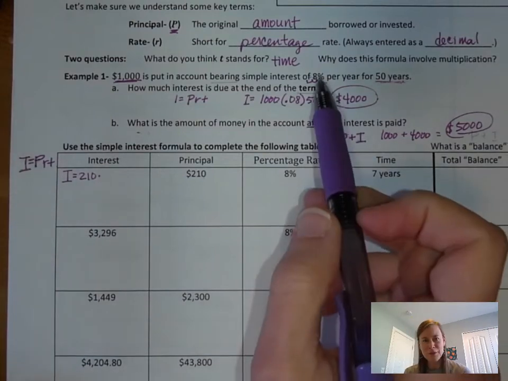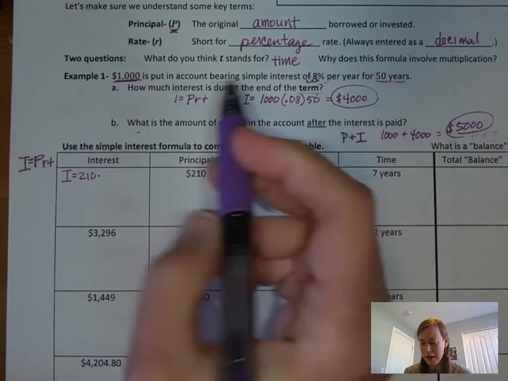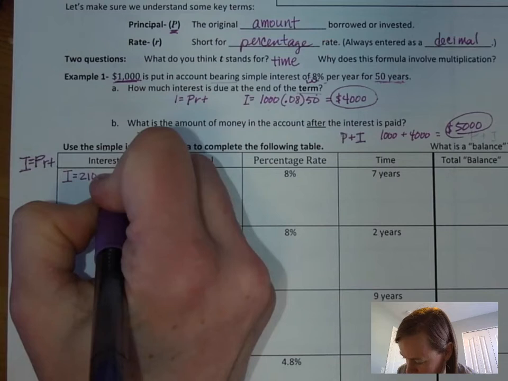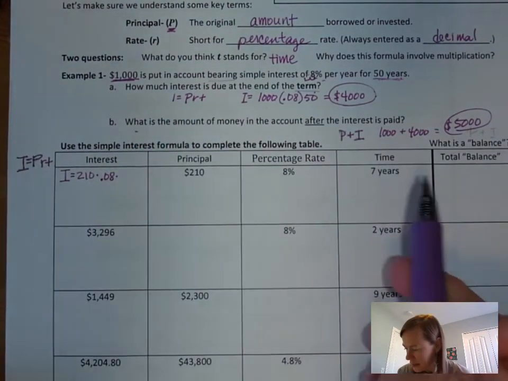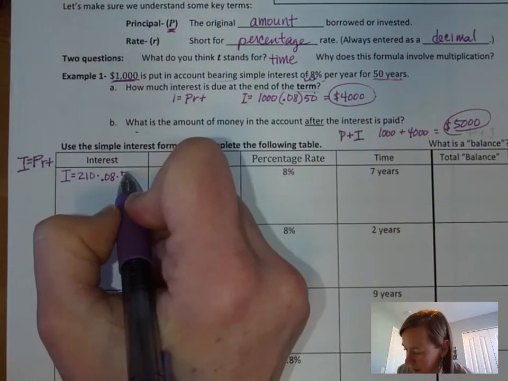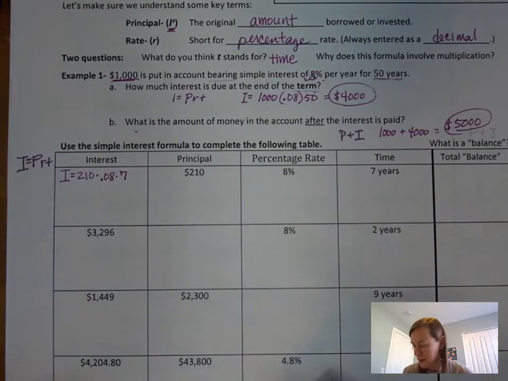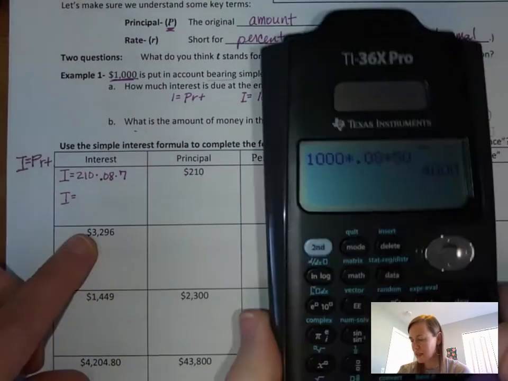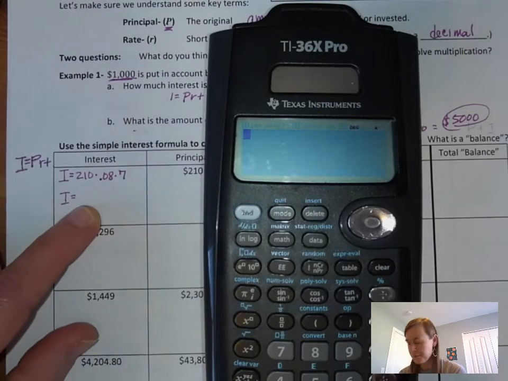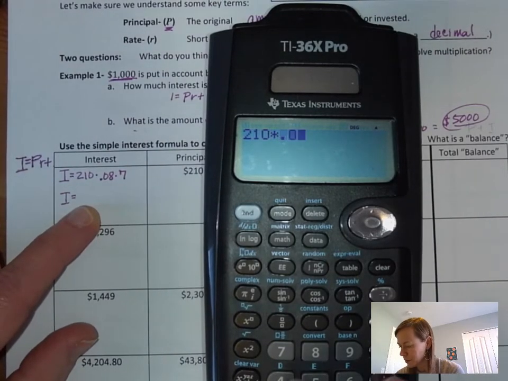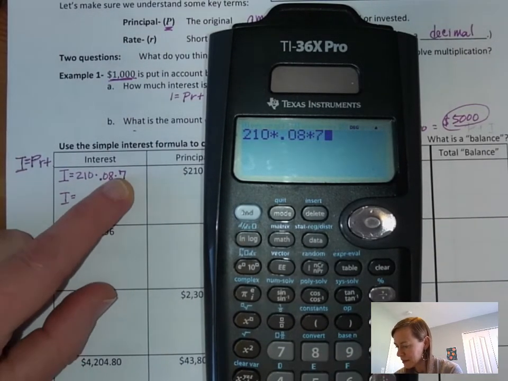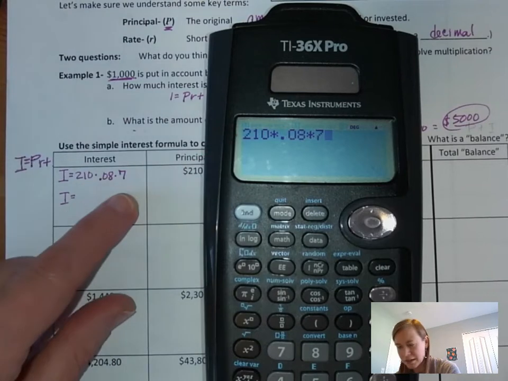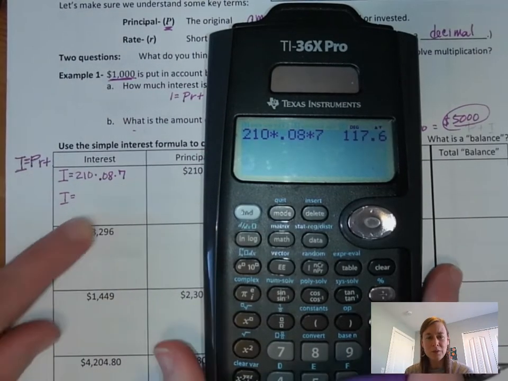Now we just computed 8% would be 0.08, so I'll just copy that down, 0.08, and then the time is 7 years. So let's multiply these all together to figure out our interest. Interest is going to equal 210 times 0.08 times 7. Make sure I entered that correctly. It looks good. 117.6.